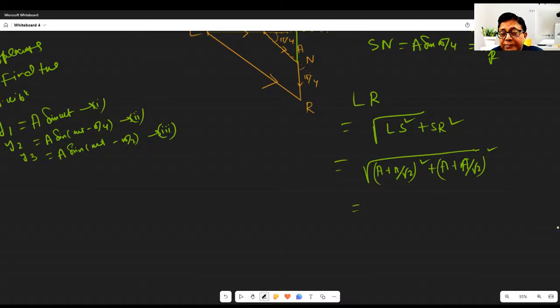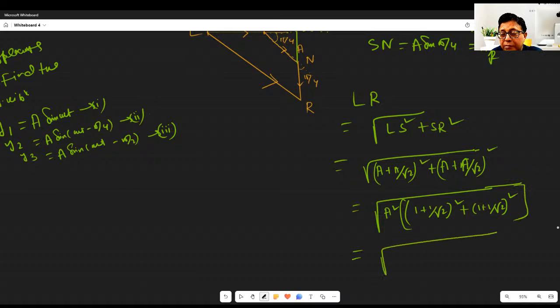So you can take A square common, this plus, so A root 2 into 1 plus 1 by root 2, A into root 2 plus 1.